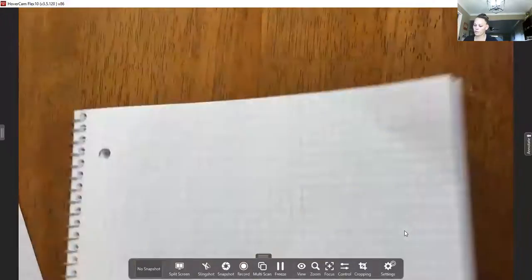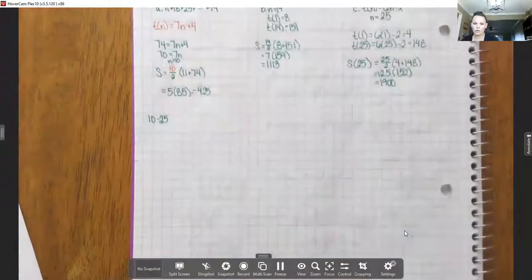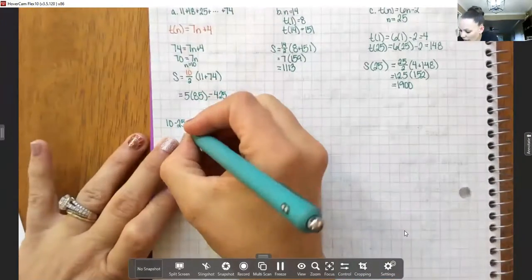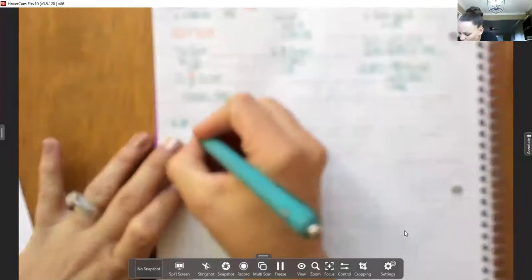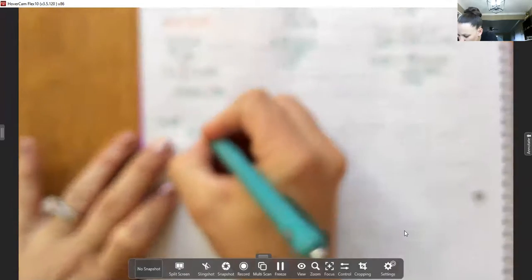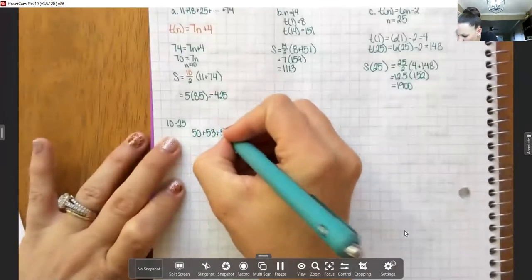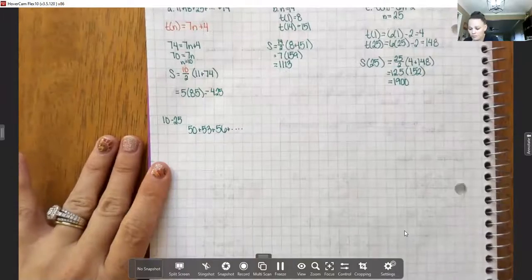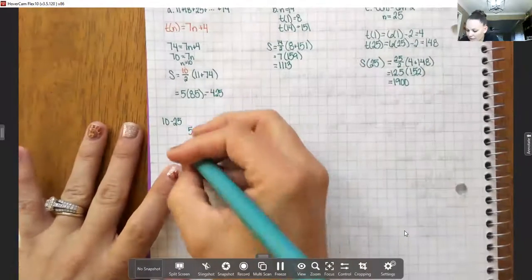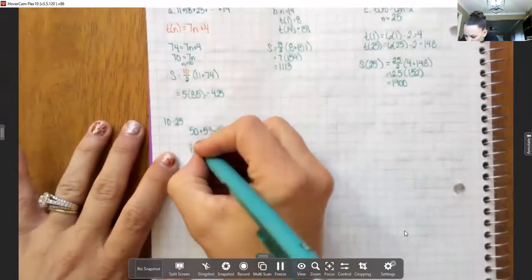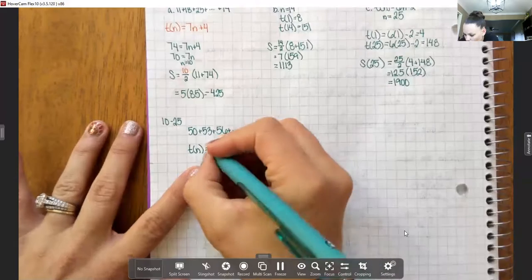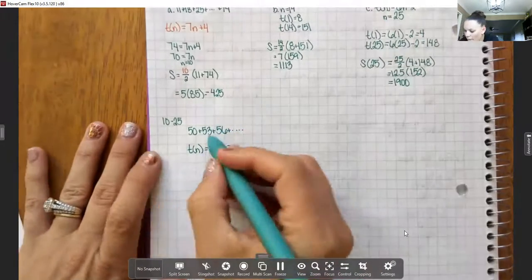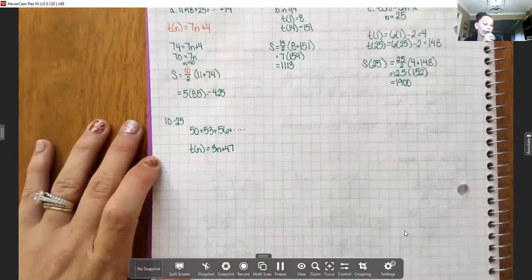So on this problem, we're saying we want to know 50 plus 53 plus 56 plus all the way until her 18th birthday, and she gets money every month. So T of n we know is 3n plus 47. It's growing by 3, and our 0th term would have been 47.